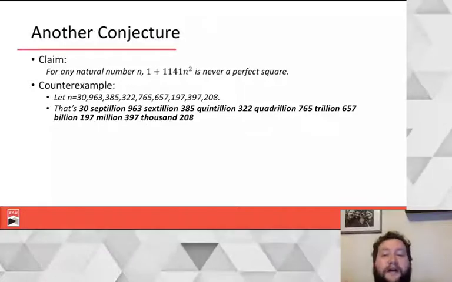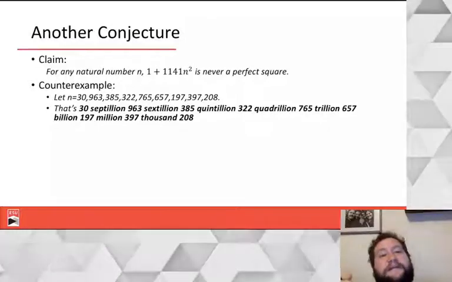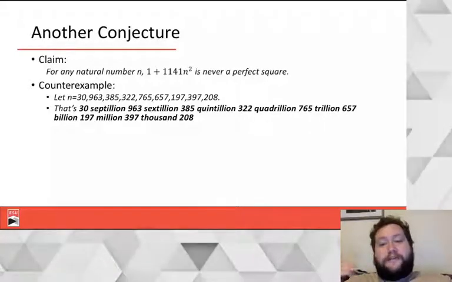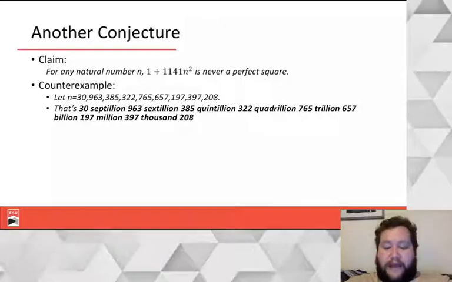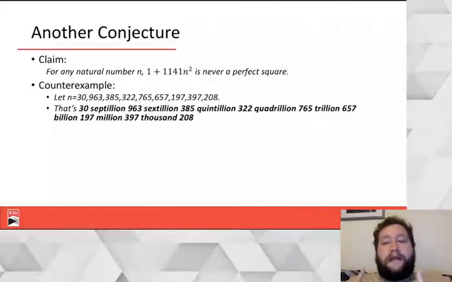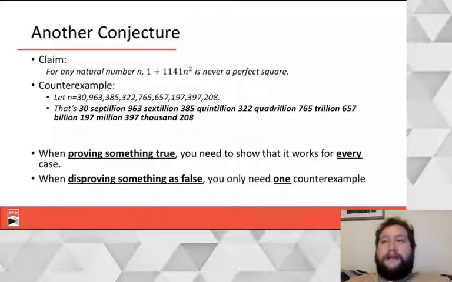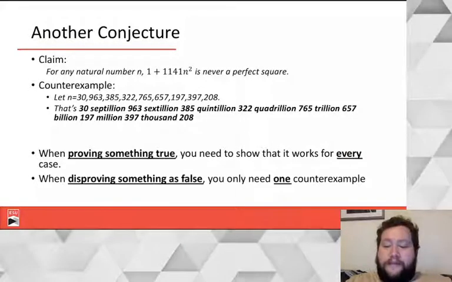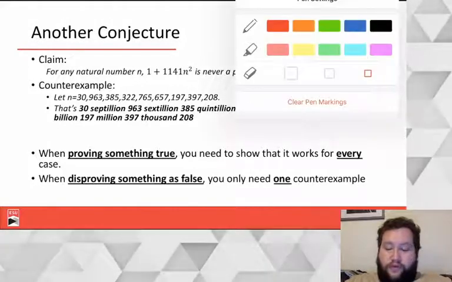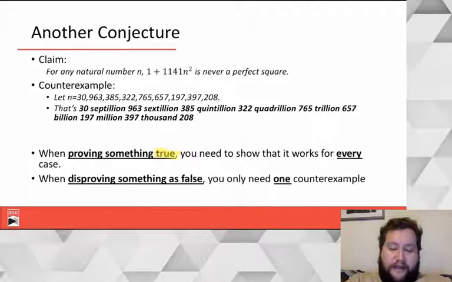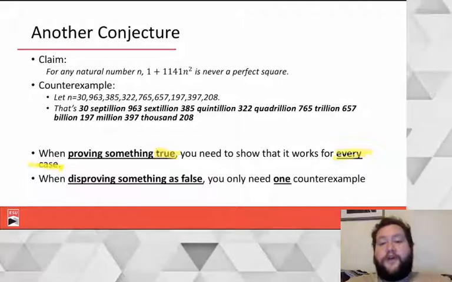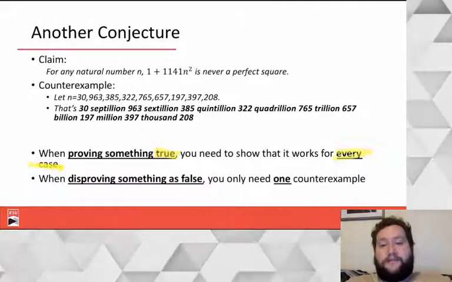So sometimes our hunches are incorrect, which is why we need to prove them, where we need to try to proceed through a proof showing sequentially why it works, and then see what happens when we do. An important point that I want to bring up here is when proving something true, we need to show it works for every single case. That's why when we were looking at the sum of 3 terms, we had used n plus 1 and n plus 2.